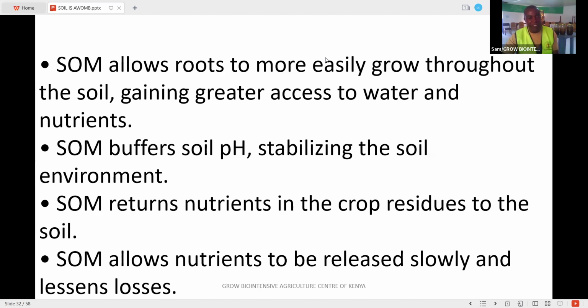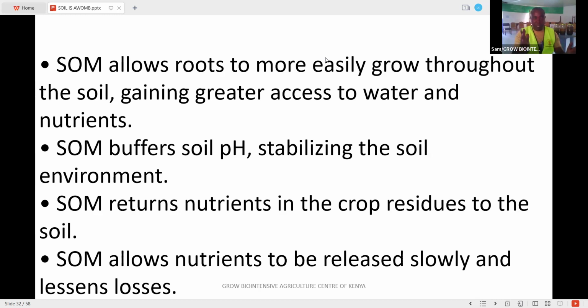It neutralizes soil pH. pH means potential of hydrogen. The more the hydrogen in the soil, the more acidic that soil is. The less the hydrogen is in the soil, and you know hydrogen is always a plus, the more it is in the soil, the more acidic it is on the pH scale.